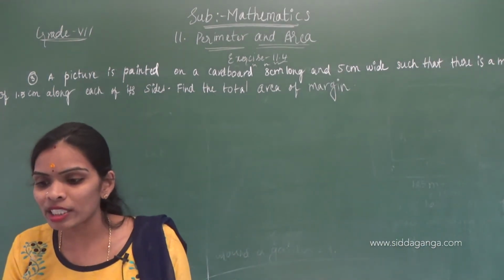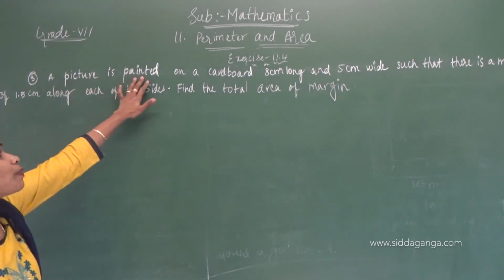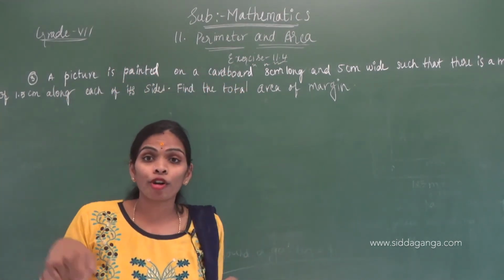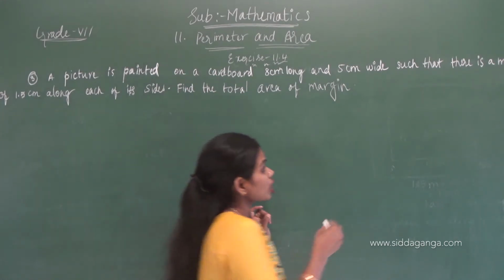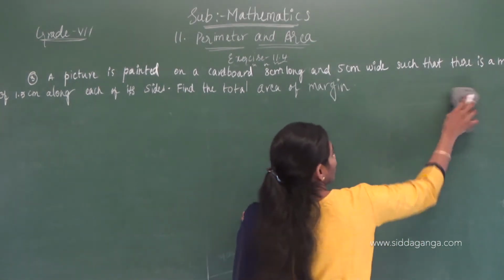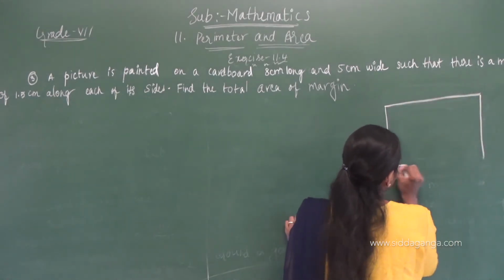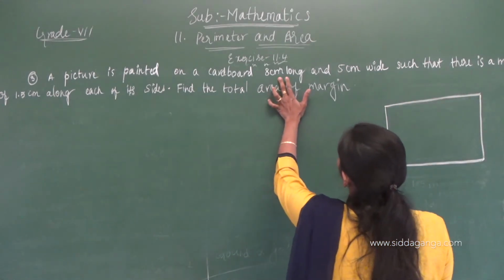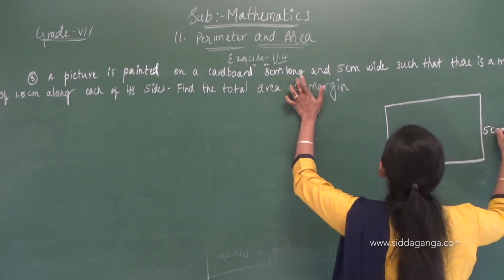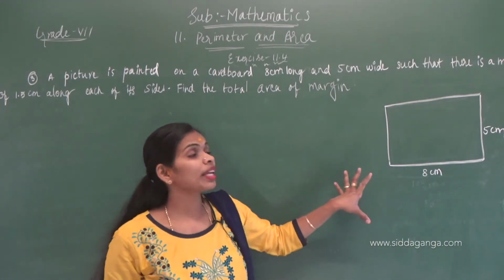Here, what have they given, children? A picture is painted on a cardboard. It is like a photo frame, where one picture is painted on the cardboard. We take a rectangular cardboard of length 8 centimeters and breadth 5 centimeters.